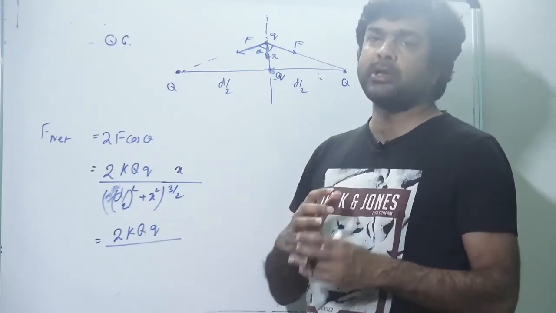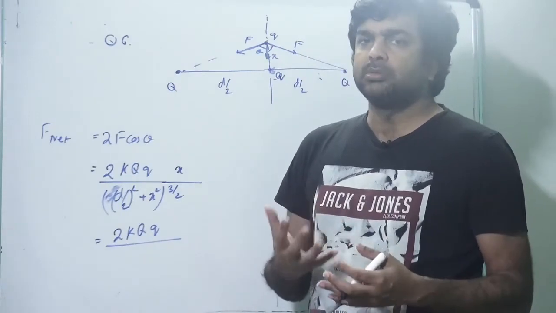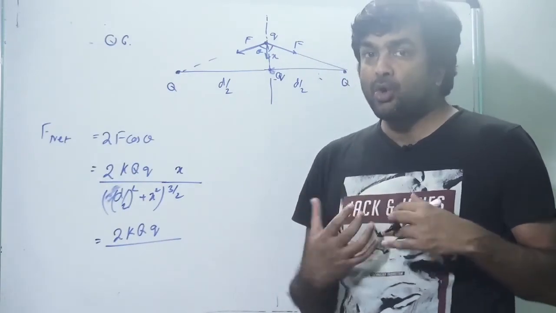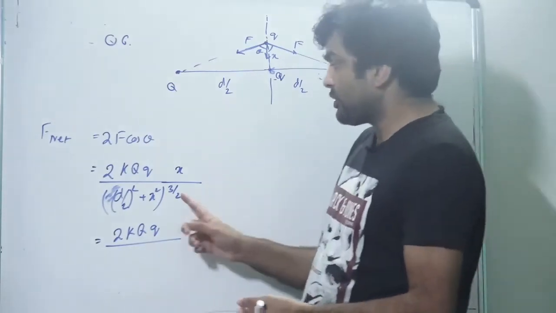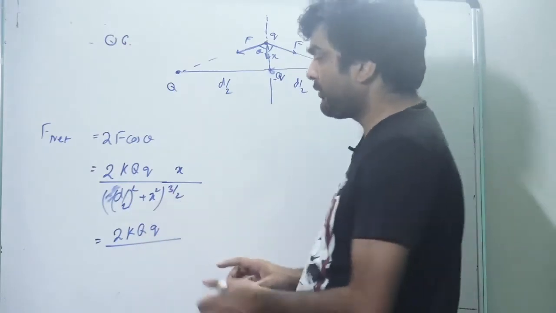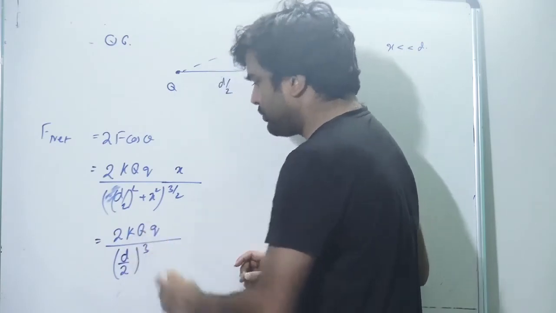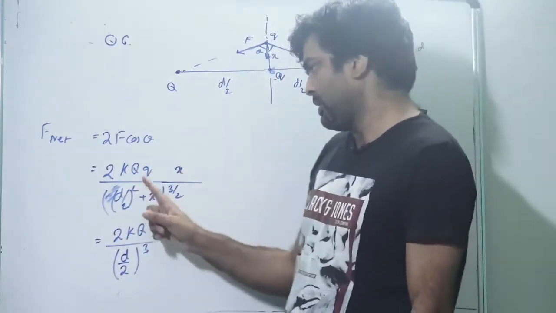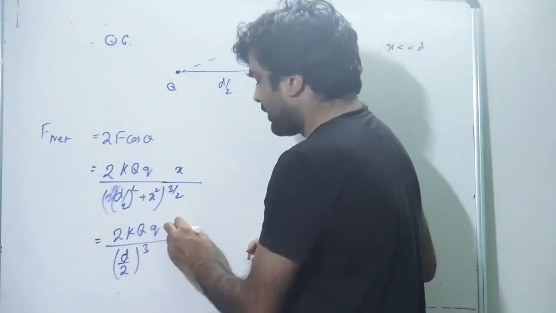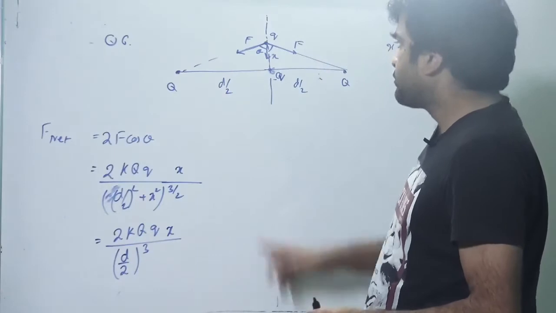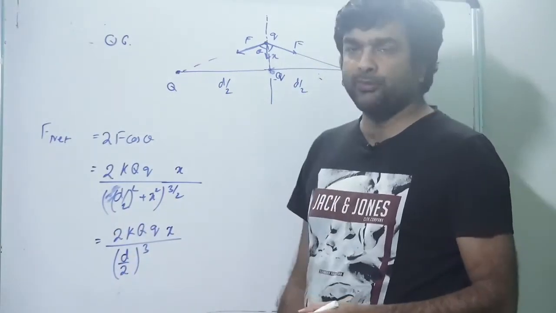So a small quantity can be ignored only if it is in addition or subtraction. It cannot be ignored if it is in multiplication or division. So ignoring x in the denominator, we will have d by 2 whole square to the power of 3 by 2, it will be d by 2 cube, into x.